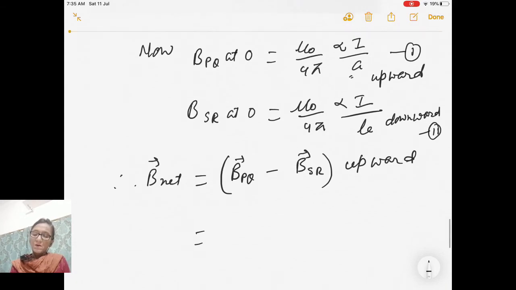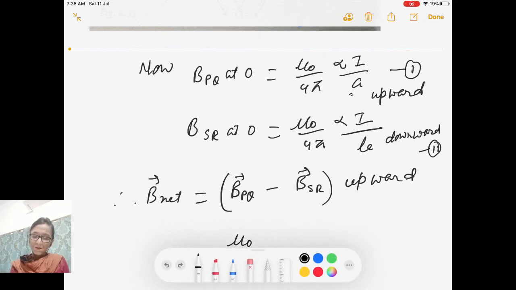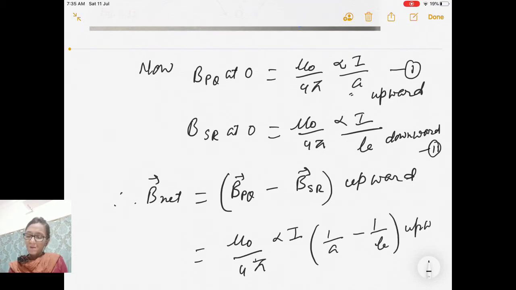So let me write mu naught upon 4 pi. I am taking common from the two, alpha I into 1 upon A minus 1 upon B, upward.